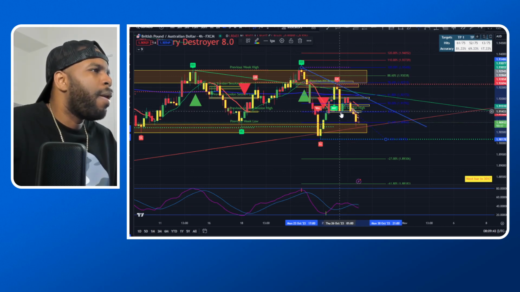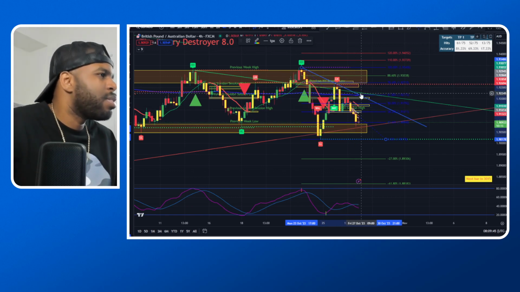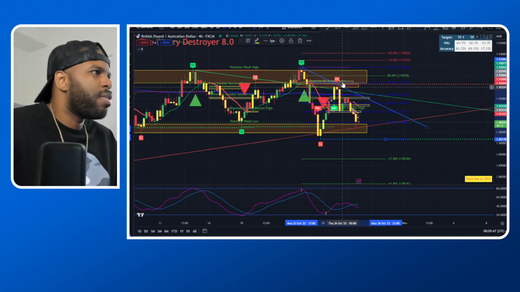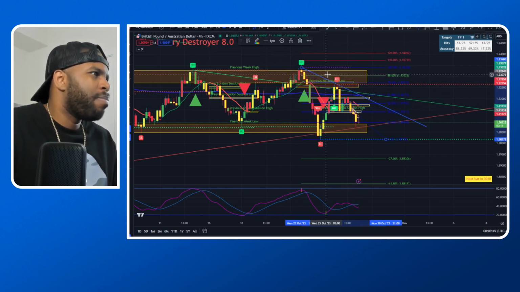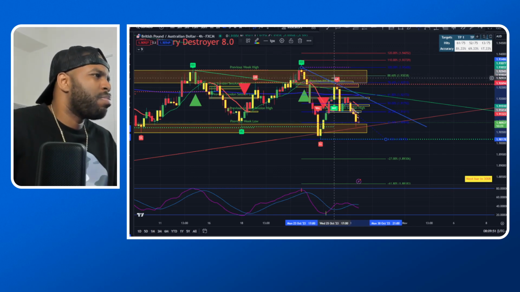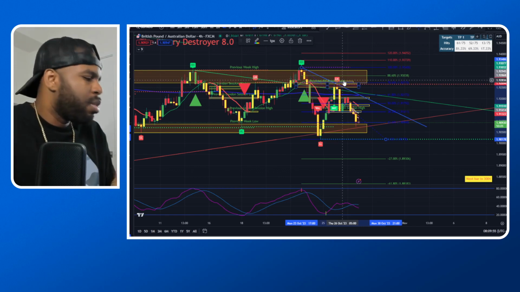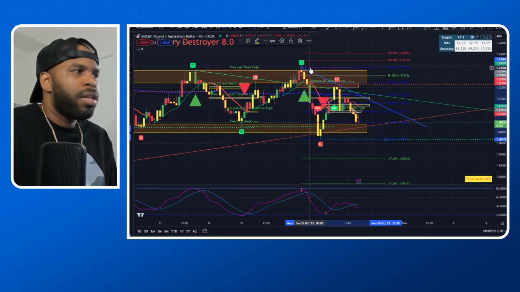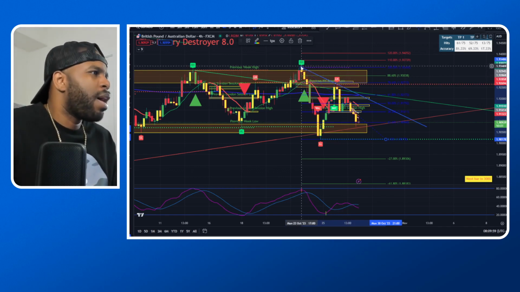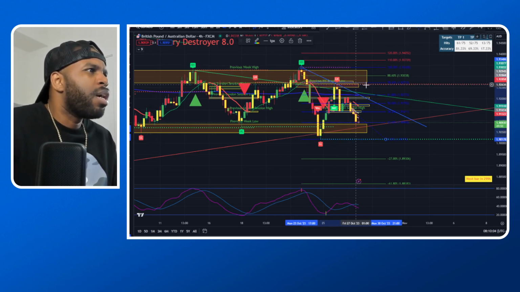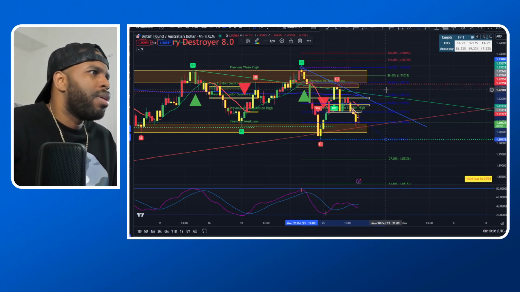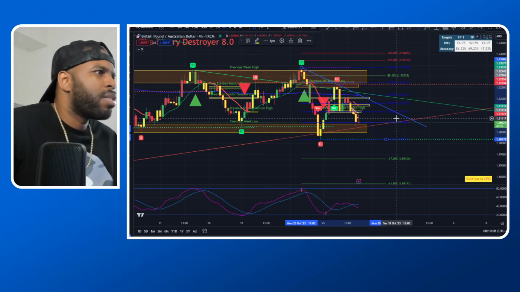It rejected that, and then it started going down, as you can see. If you had my basic supply and demand zone up at the top here, and you want to get a little bit technical and you know how to use this tool, you can draw your Fibonacci retracement tool and wait for price to come to a certain fib level.